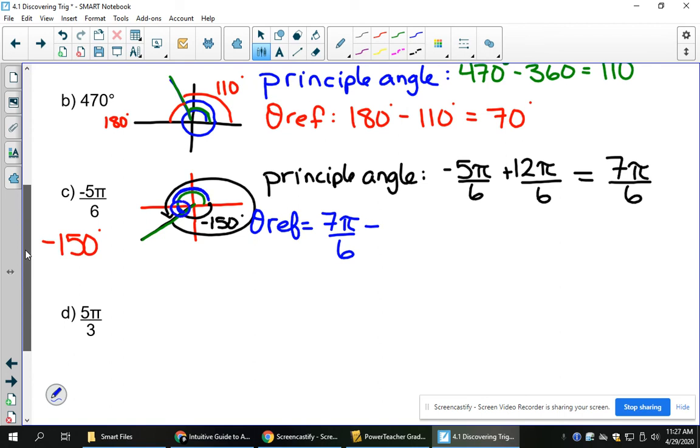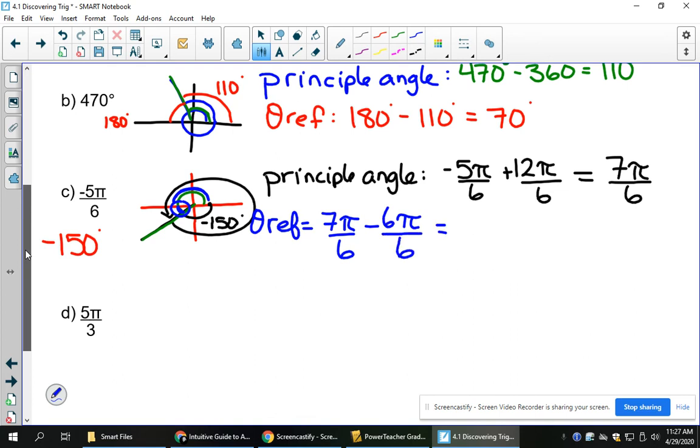I want to take away half a circle. That's 180 degrees. If 2 pi is a full circle, what do you think half a circle is? Pi would be correct. Let's make this pi have a common denominator of 6.